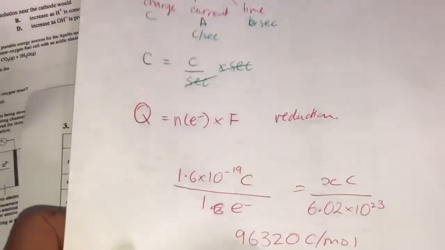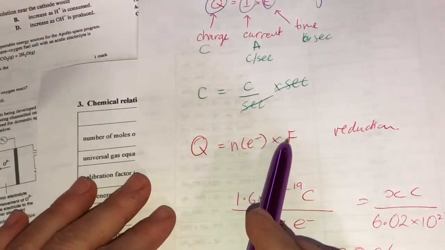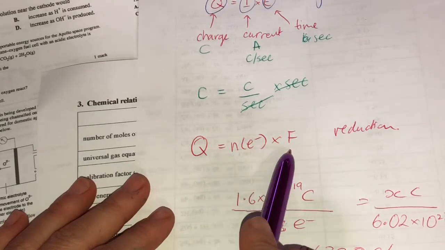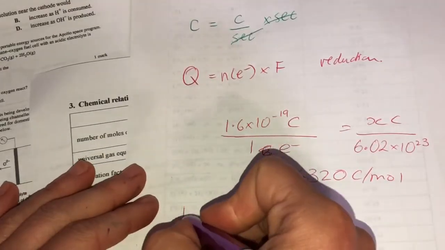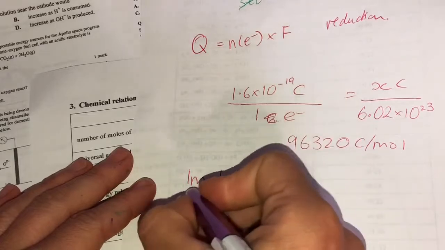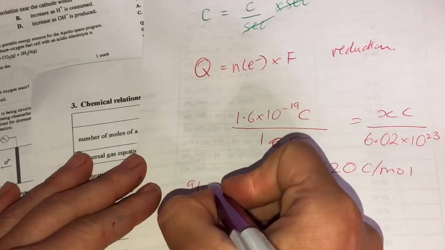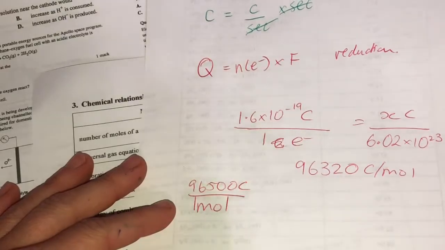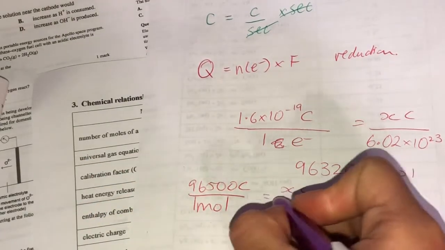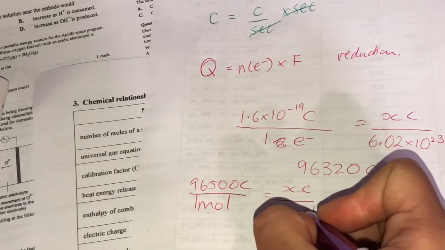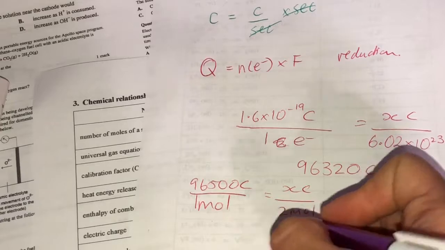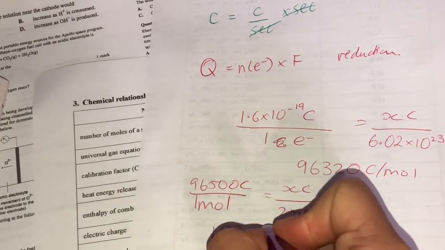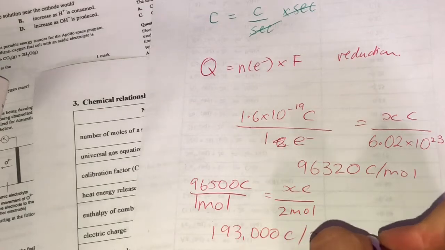So Q equals n times F. Basically, what that means is if 1 mole of electrons carries a charge of 96500 coulombs, and we want to know how many coulombs are carried by 2 moles of electrons, it would just be 96500 times 2, and you get 193,000 coulombs per 2 moles of electrons.